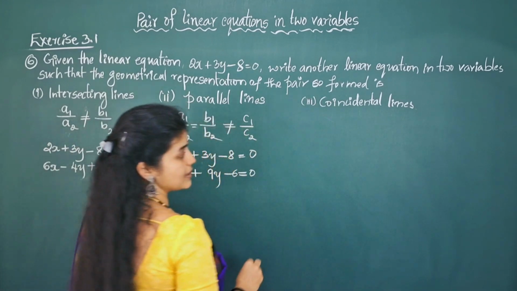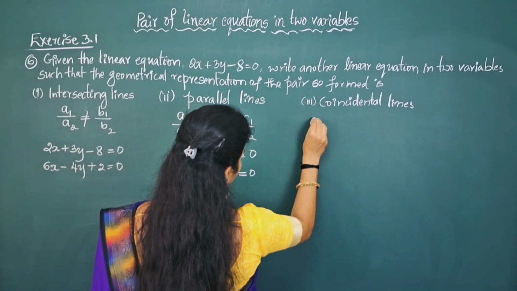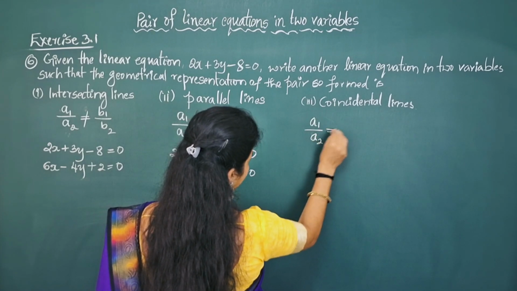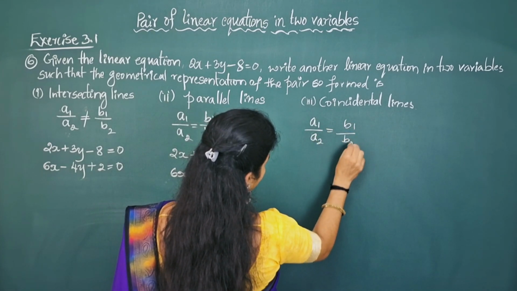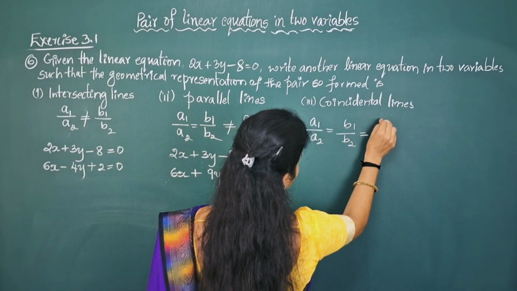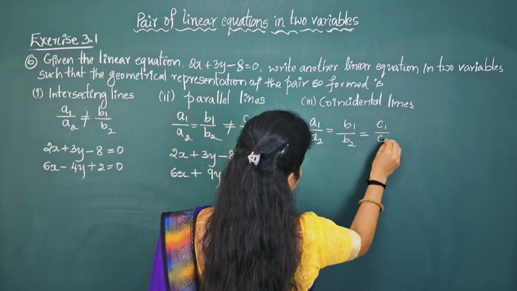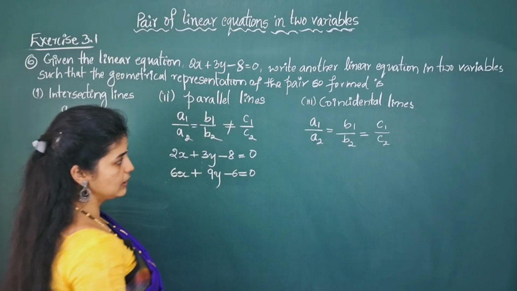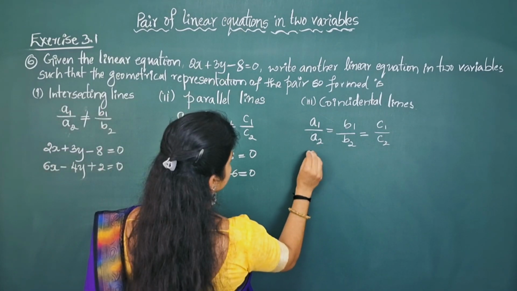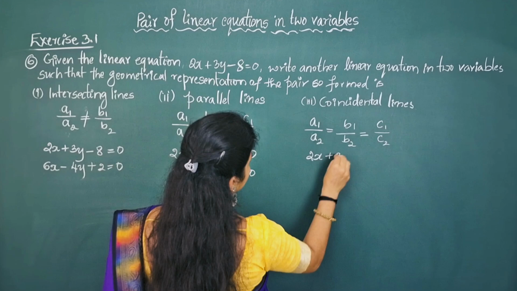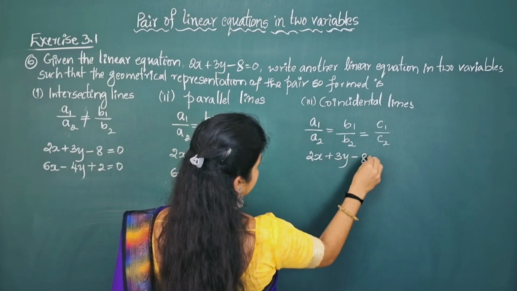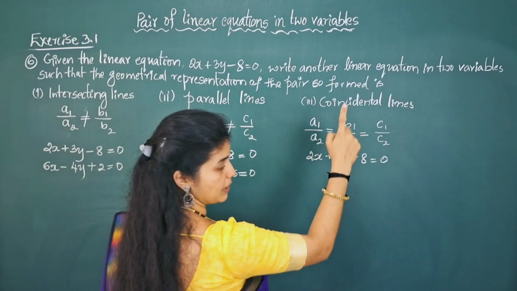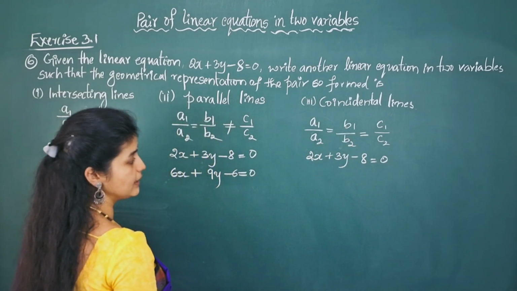Now coming to the coincident lines. The condition is that A1 by A2 is equal to B1 by B2, and that is equal to C1 by C2. All the ratios should be equal. Now they have given us the equation 2x plus 3y minus 8 is equal to 0. A1 by A2 should be equal to B1 by B2, which should be equal to C1 by C2.